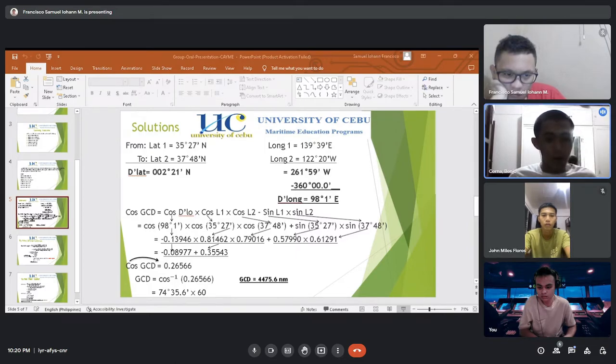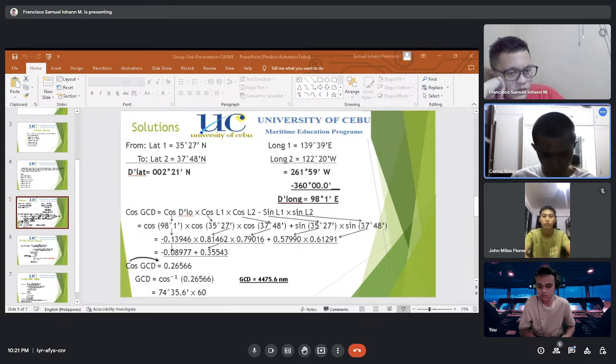And getting the sum, the answer is 0.26566. And then to get the GCD in degrees, we should shift cos 0.26566, which is equal to 74.59.